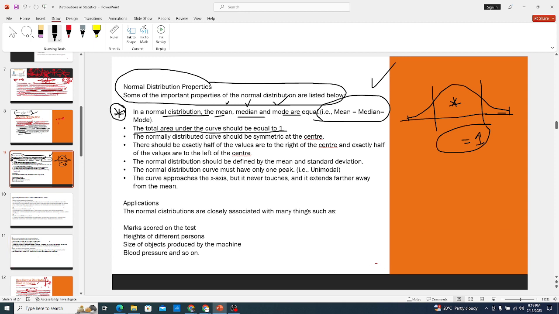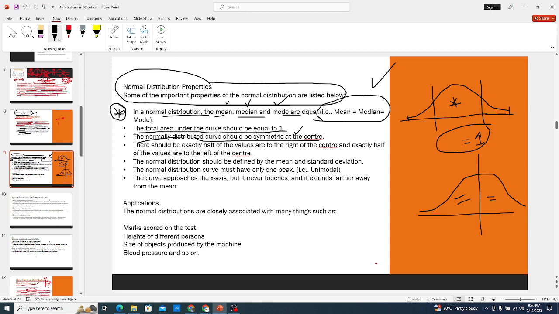Then the other one, the normally distributed curve should be symmetric at the center. If we draw a line where we have the peak, it should cut the distribution into two equal parts.